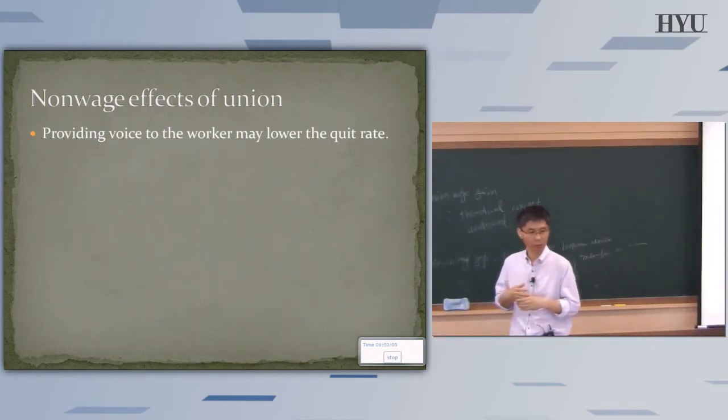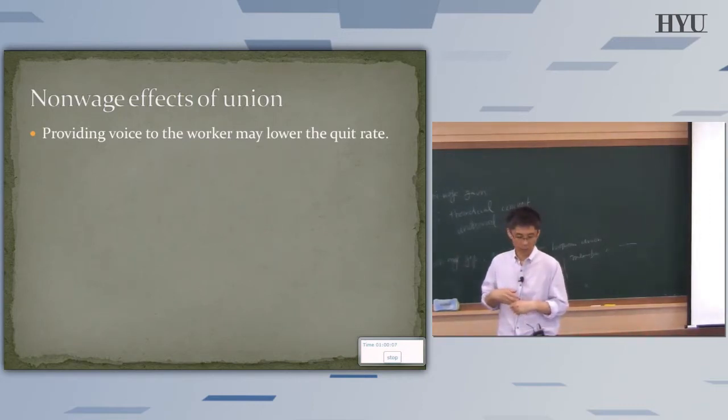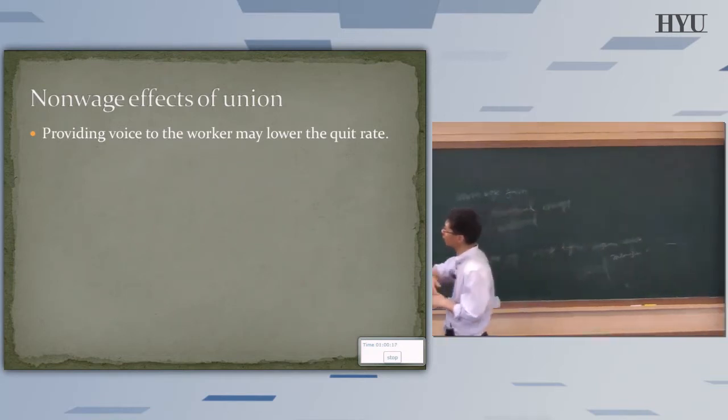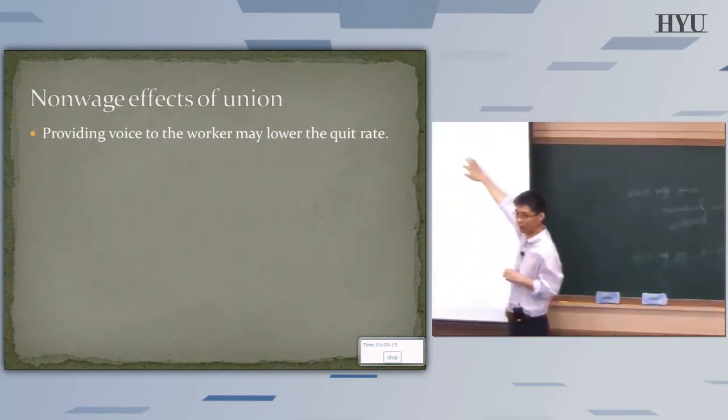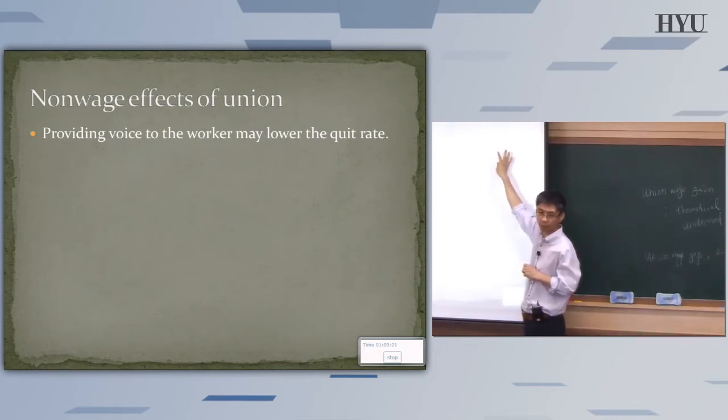So the worker can complain, or the worker can actually point out things to change in the management, all those things. So that's what the unions do. And that type of function, providing voice, can actually lower the quit rate.